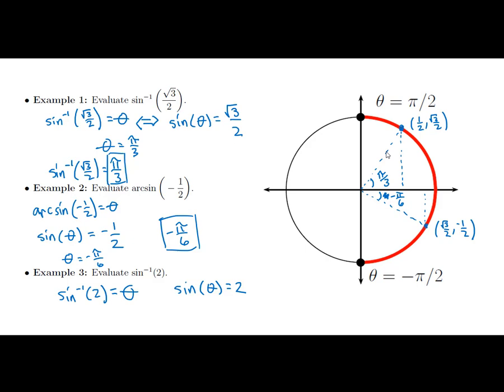It never gets below negative 1. It never gets above 1 if it doesn't have some sort of larger amplitude. So this is impossible, right? This is impossible. And so if we're being asked to do something impossible, what we of course say is that the sine inverse of 2 is undefined.